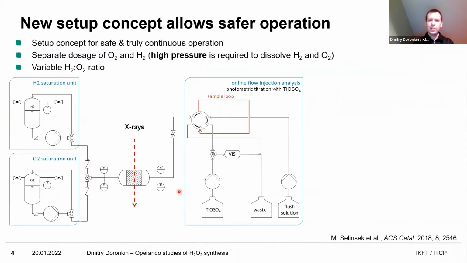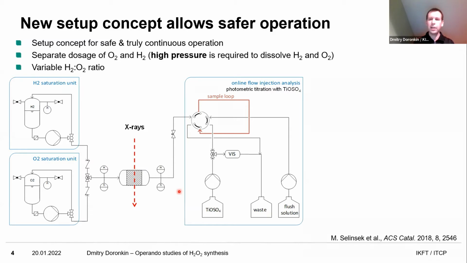And what we decided to do, previously, how it was done, so there were a couple of publications on the studies of catalysts for hydrogen peroxide production. But to make it safe, what people did is that they took hydrogen and oxygen and diluted it by 20 times, just simply to go out of the explosive regime. So it's not really working because, as I told, we need high partial pressures.